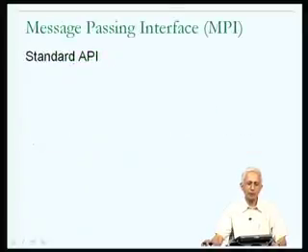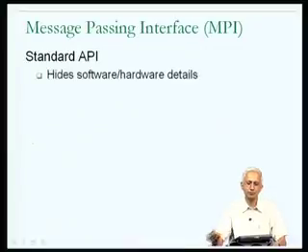Now, first of all, let me mention that MPI stands for Message Passing Interface, not a surprising name for a library that is primarily intended for writing message passing programs, parallel programs. But in effect, like any other library or interface, it provides a standard application programmer interface for doing message passing on systems regardless of how the operating system may actually support the send and receive functionalities.